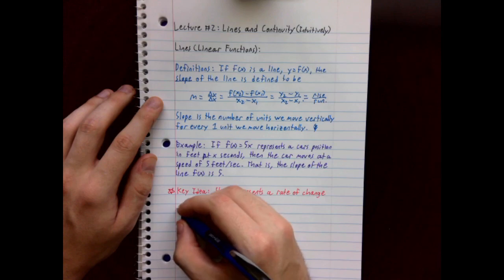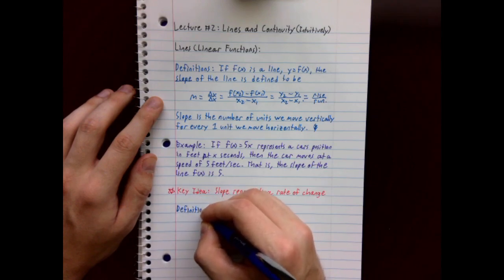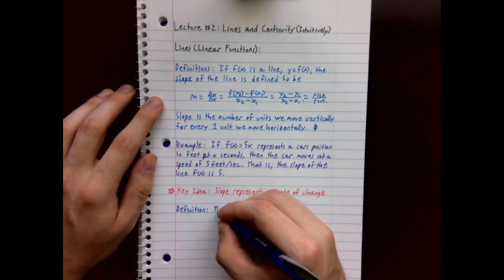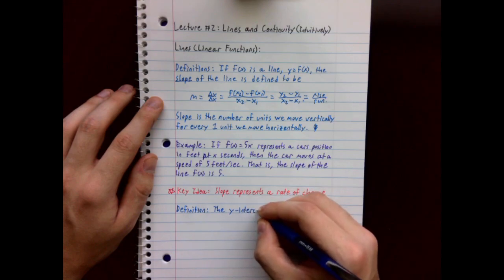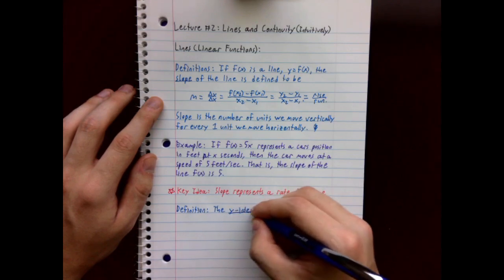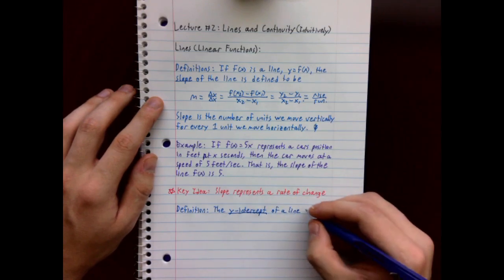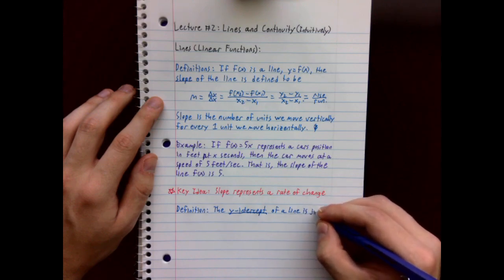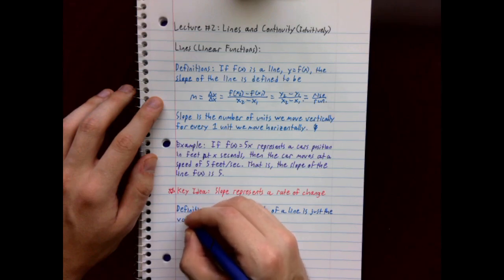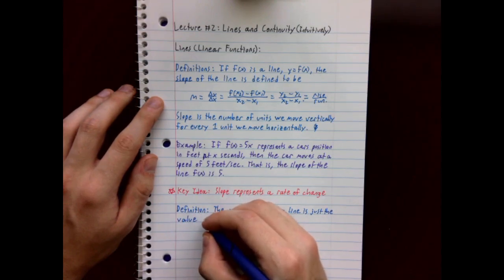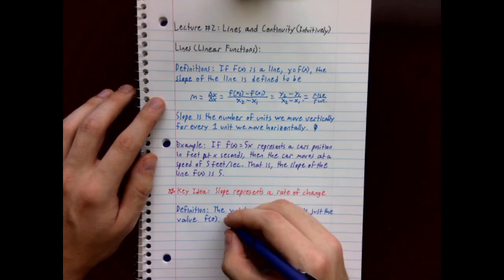Okay? So there's one other, perhaps less important part of a line. So another definition. The y-intercept of a line is just the value f of 0. So basically it is telling you the initial position.